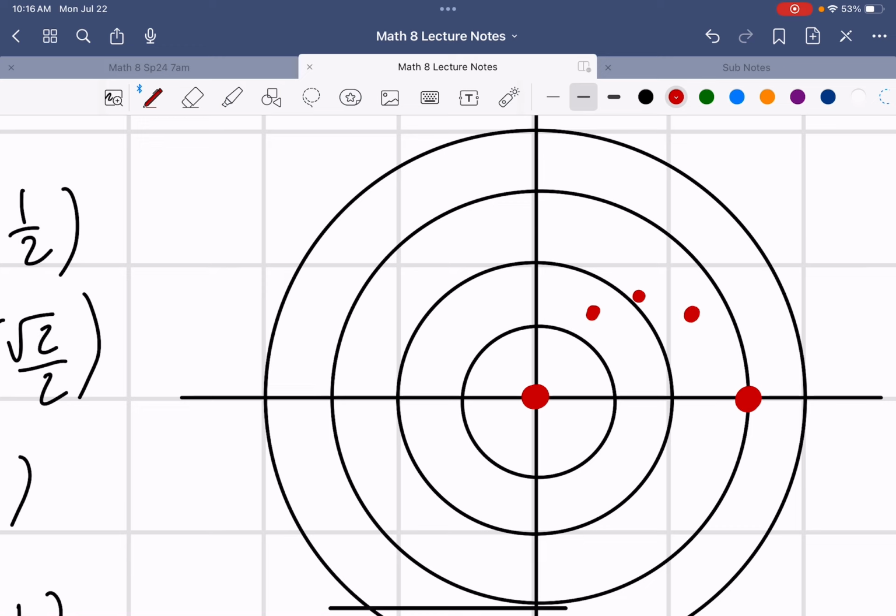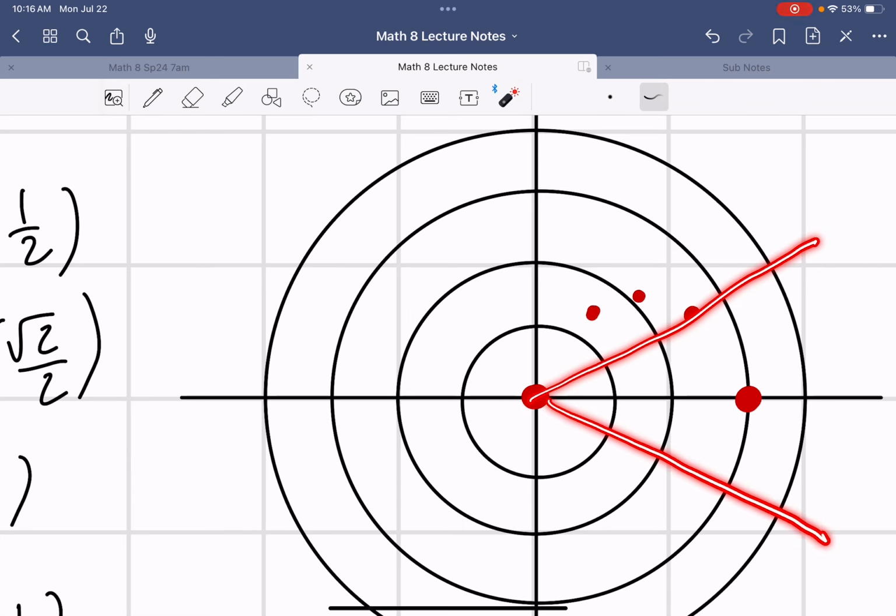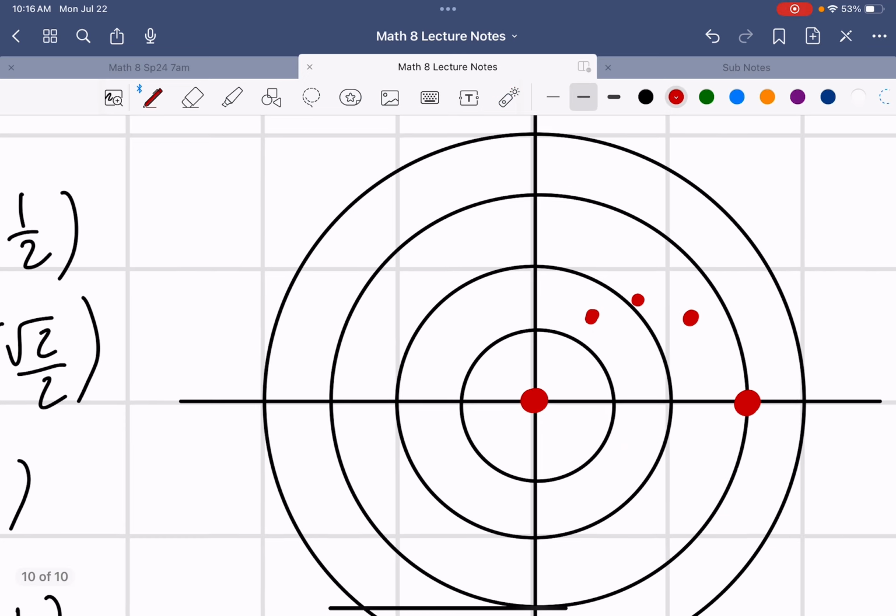But at 11 pi over 6, which is, this is pi over 6, this is 11 pi over 6, I'm going that same exact distance. So that's going to be somewhere right here. And maybe this isn't enough, but for the sake of time, this actually makes a circle.